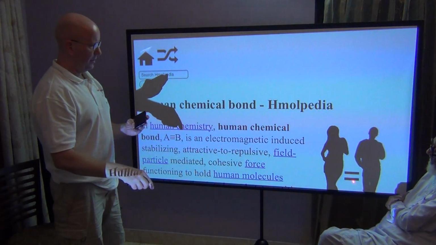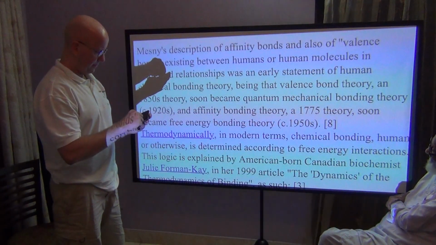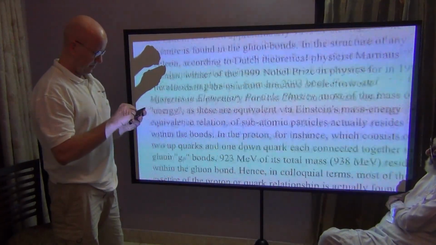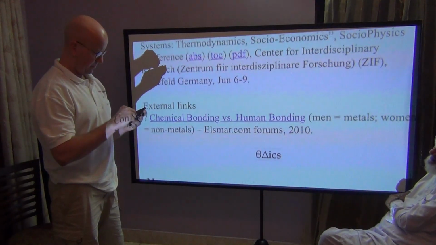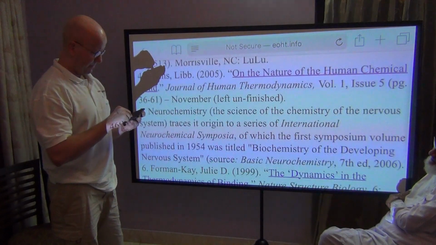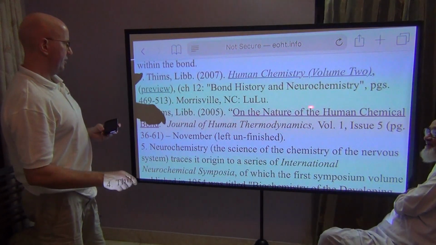So the amount of energy in here, this theory had never been developed before. The triple bond there is highly vulnerable to attack. So here's the 2005 article on the nature of the human chemical bond.